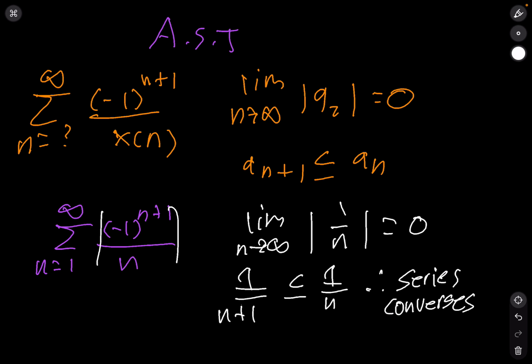Now, the condition that must be met is that this first one has to pass. If your first condition, that the limit as n approaches infinity is equal to 0, is not met, then your whole thing just diverges.